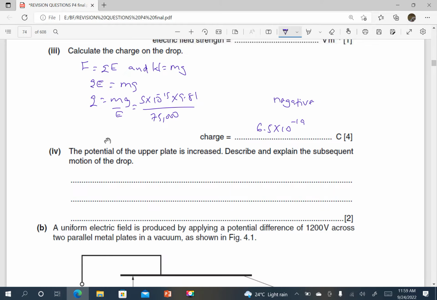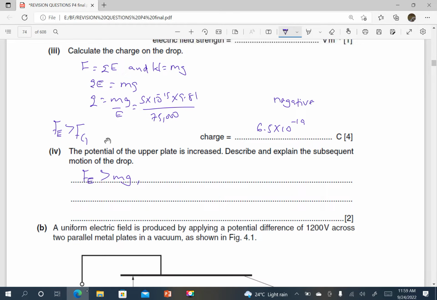So the potential of the upper plate is increased. Describe and explain the subsequent motion of the drop. So if the potential of the upper plate is increased, it means the electric field strength has been increased. That means now the force due to the electric field is going to be greater than the force due to the gravitational field. So the force due to the electric field is now greater than mg, and that means the resultant force is upwards.